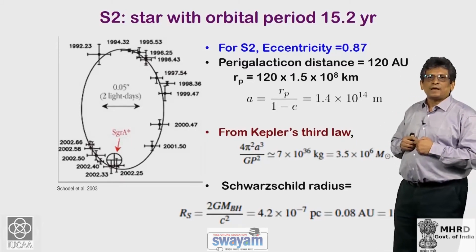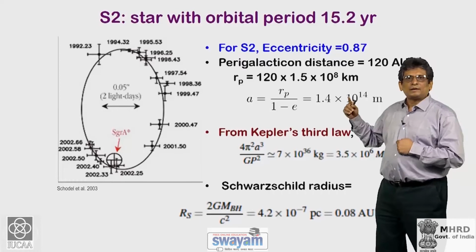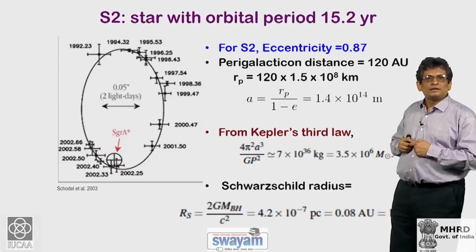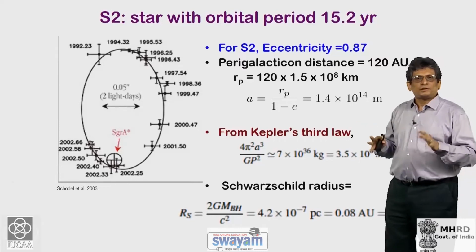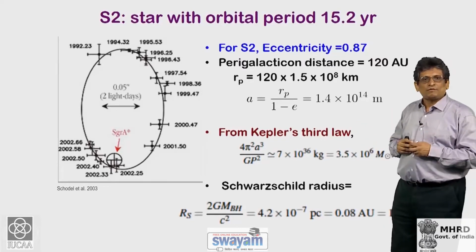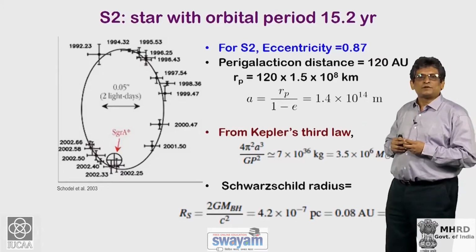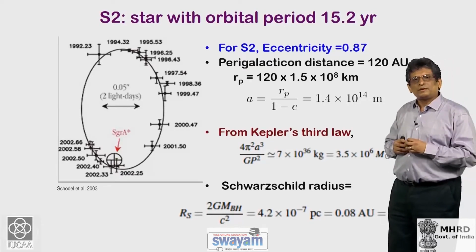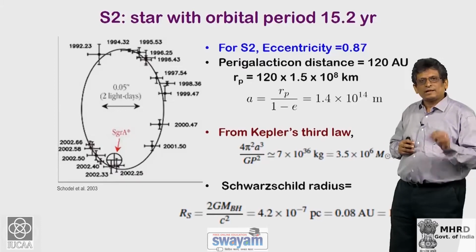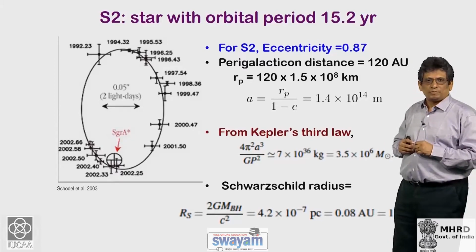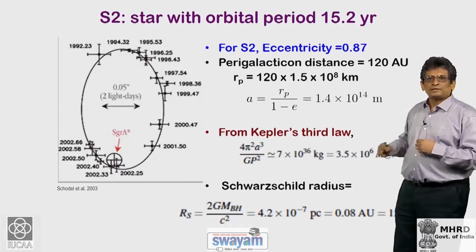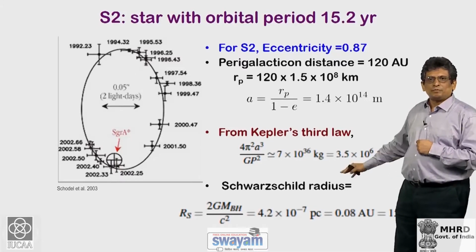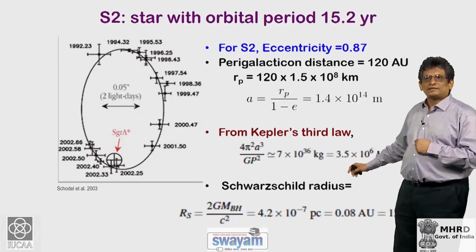And so having a distance of close approach of a few hundred AU rules out the presence of a star cluster of that mass there. And the only kind of single object that we can think of that can inhabit that particular focus would be a black hole of a mass very close to 4 million times the mass of the Sun.